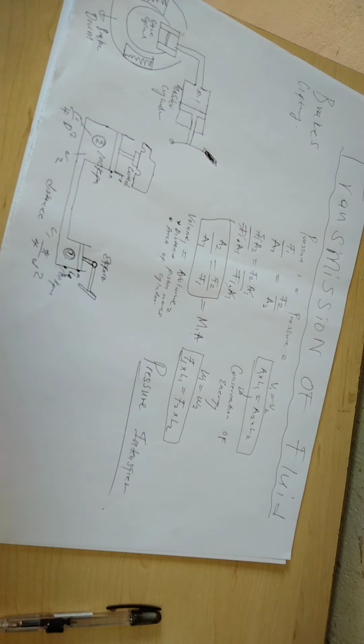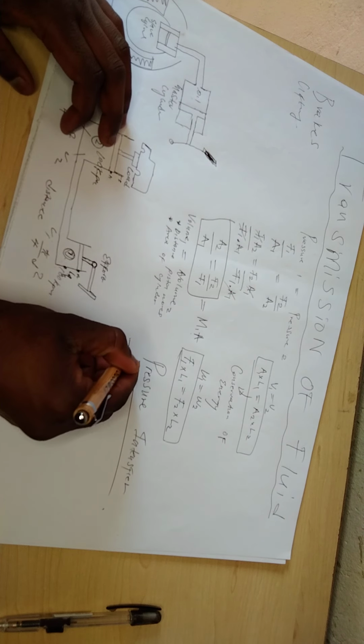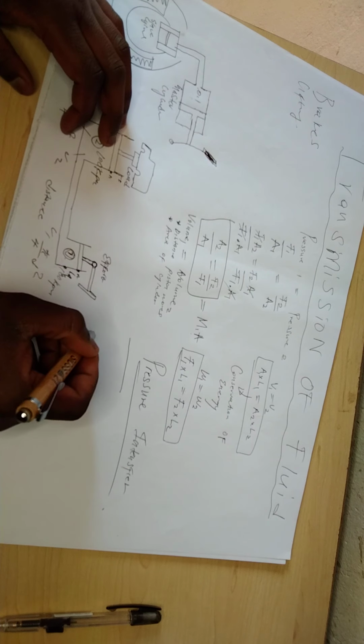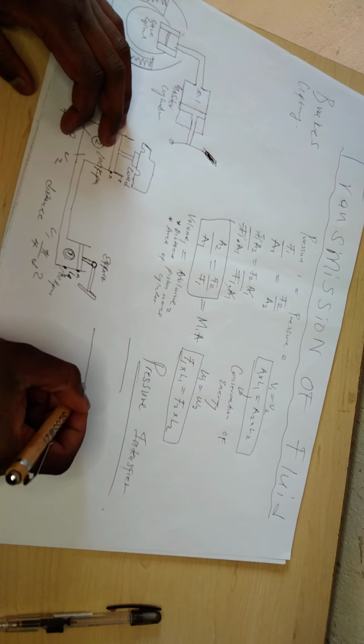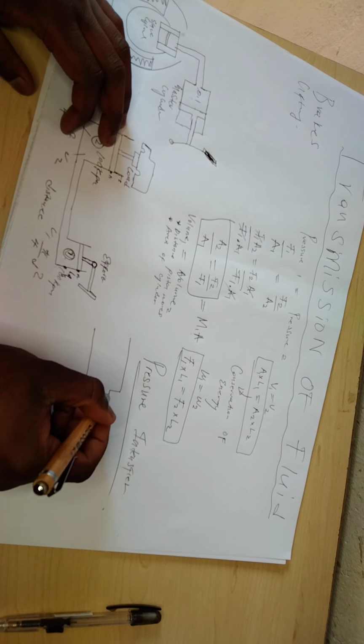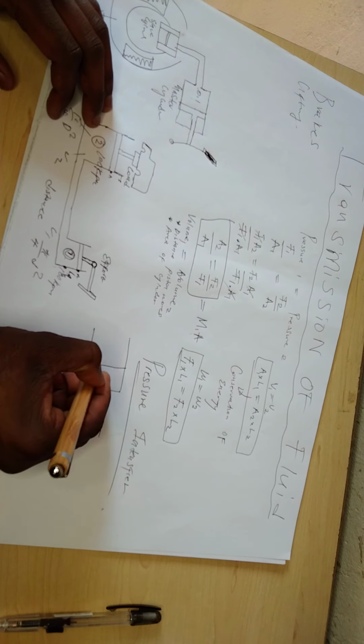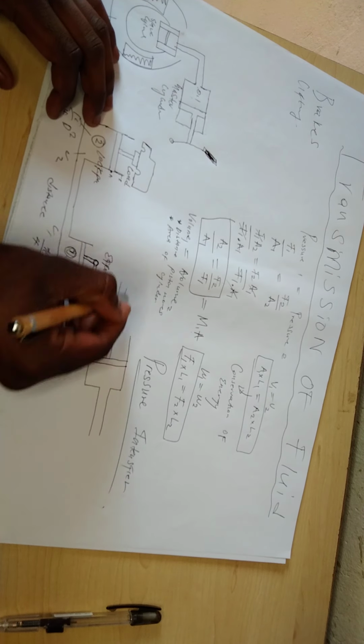This one is a sudden contraction, meaning it's something like this. You're going to have your cylinder like this, and it means suddenly the diameter will change. And here you're going to have your piston.